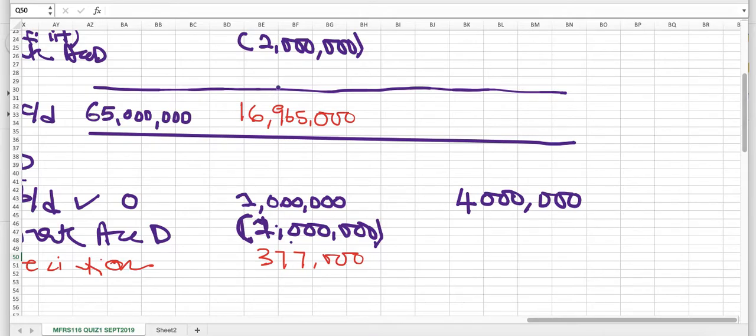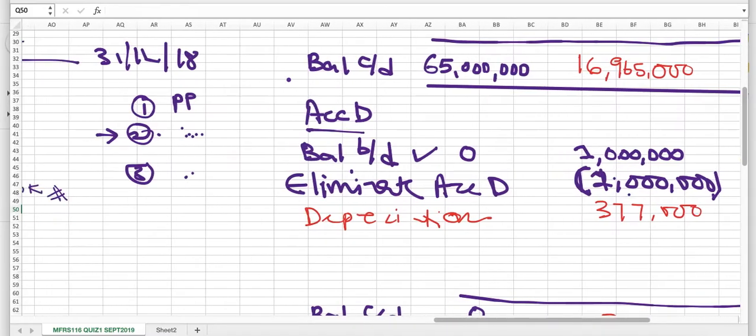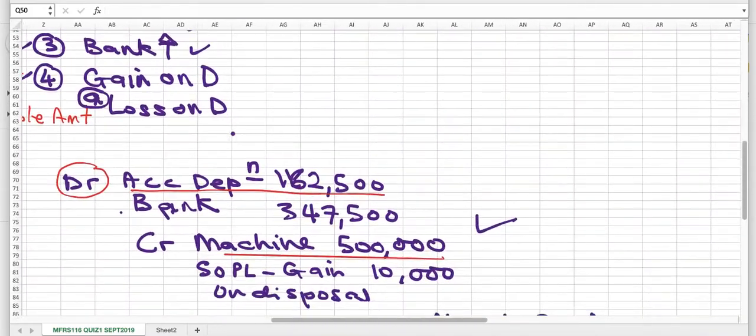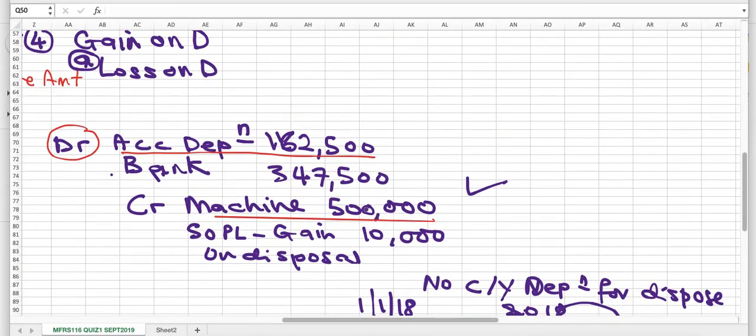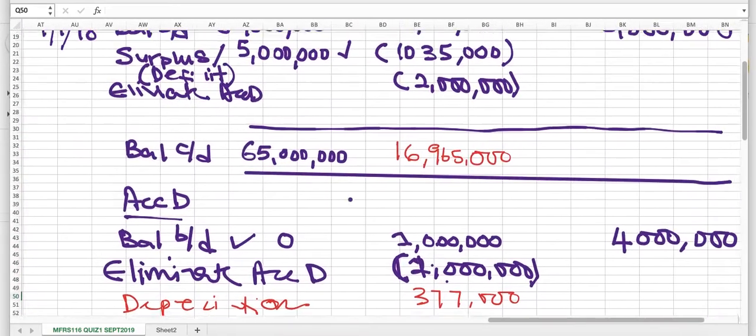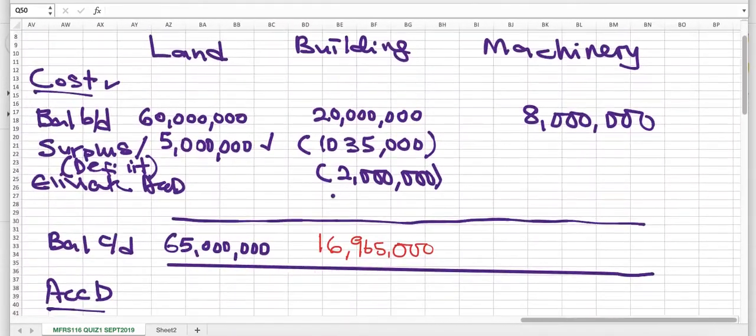And then we pass entry for the accumulated depreciation and this machine. Here we deduct 500. So you less 500 for your machine. This one we call it disposal. Disposal is 500,000.